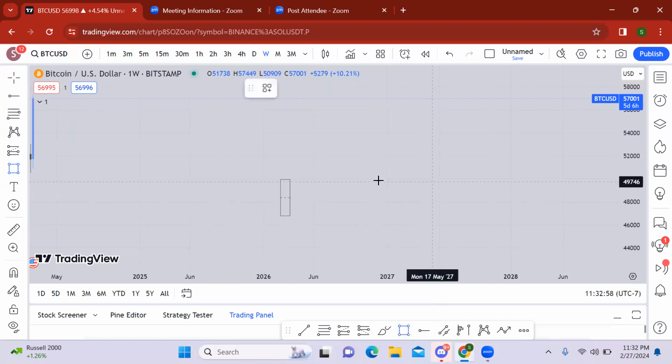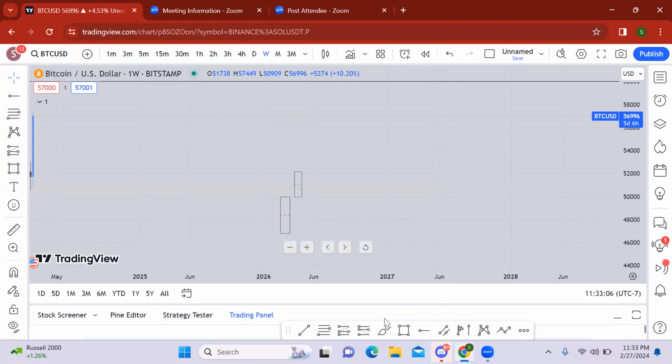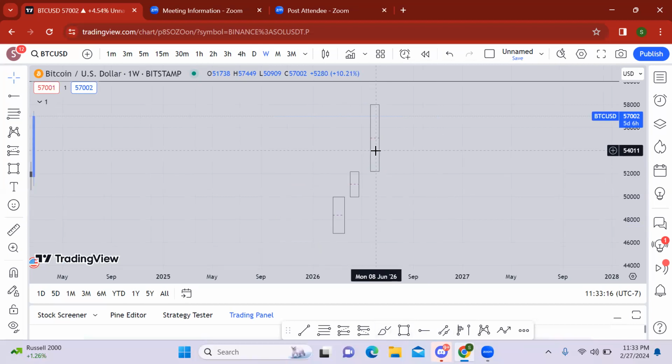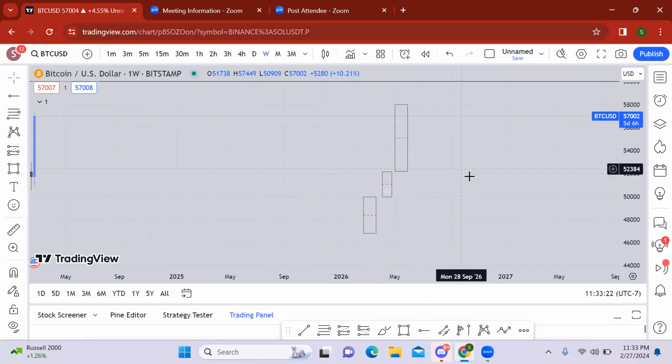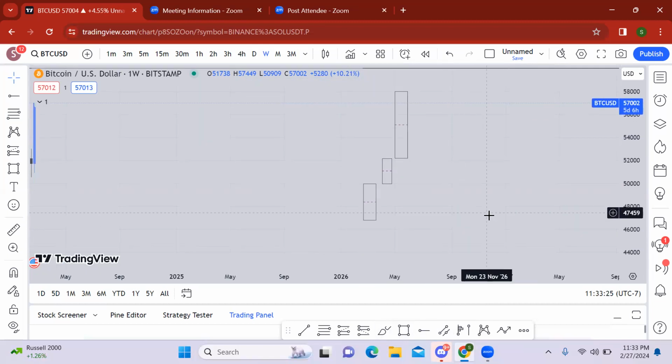One candle created, after that another candle created here, and then a third candle created here, straight. Now these candles are tiny, skinny candles, like me. I am also skinny.